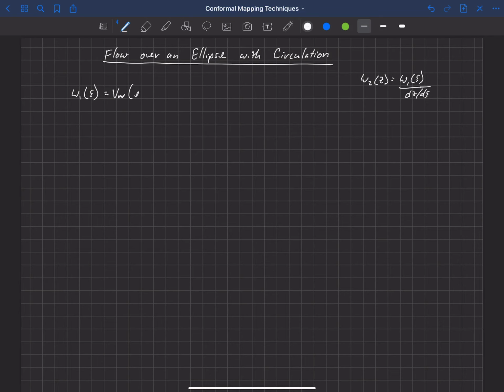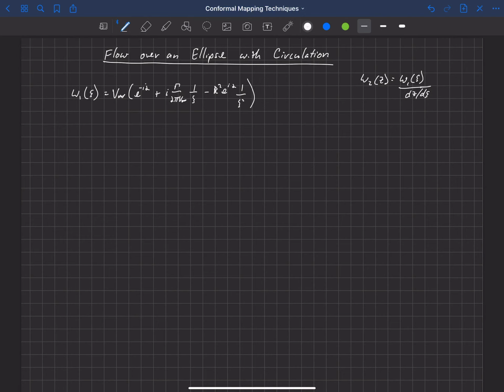And we're just going to write it for the cylinder located at the origin in the zeta plane. Then we've got minus r squared e to the i alpha times 1 over zeta squared. Okay, so that's just flow with circulation around a cylinder in the zeta plane centered at the origin.